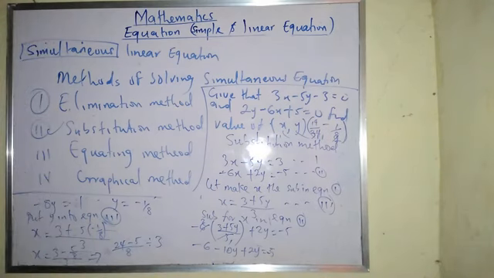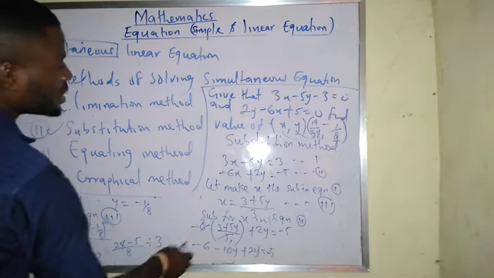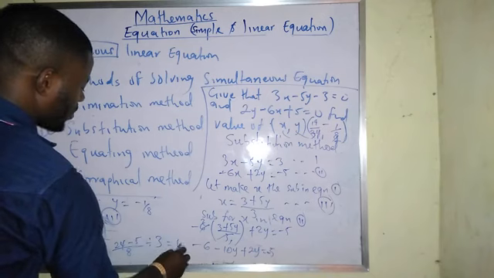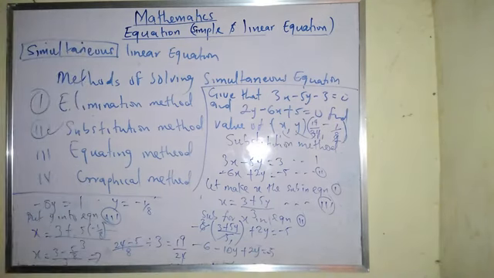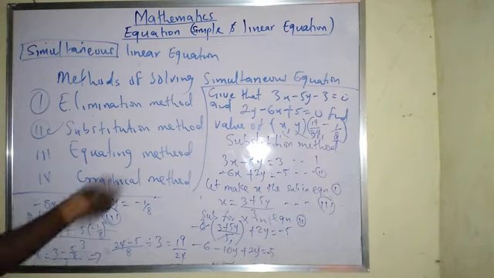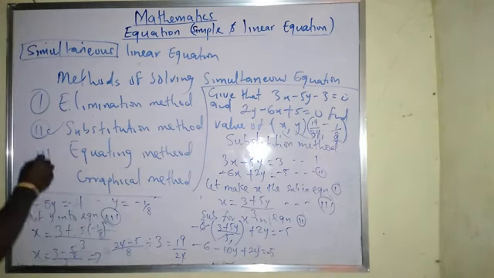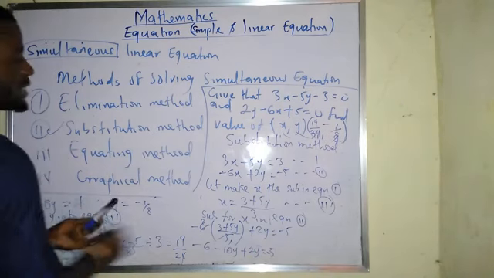Now, this minus this, it will be 19. When we do that, our answer will be 19 all over 24. That is all about it. When you use that, that is this method. It's gone. Now, the next one we are talking about is the equating method.